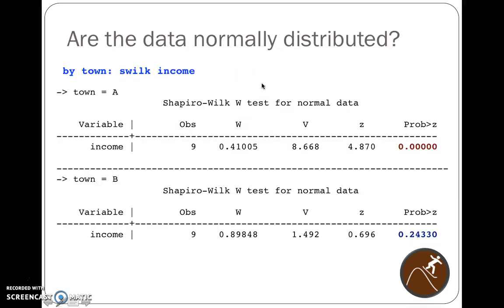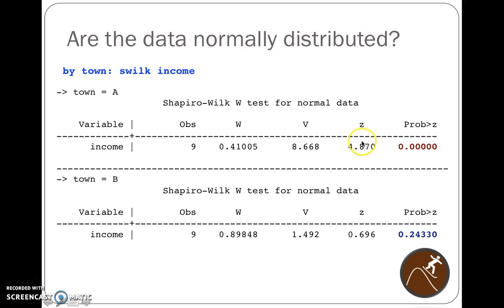Now, you should ask yourself, before you even bother with the t-test, which test is appropriate: the t-test or the Mann-Whitney rank-sum test, also known as the Wilcoxon rank-sum test. Well, we see for Town A, the one with the $1.2 million family, that the p-value for the normality test is 0.0000, or less than 0.0001. When we see low p-values, we should tell ourselves, aha, something is statistically different.